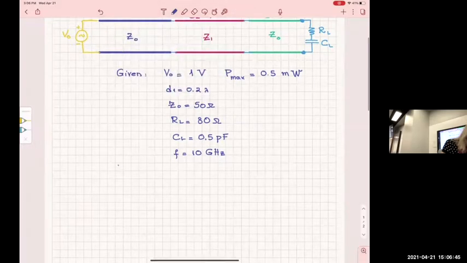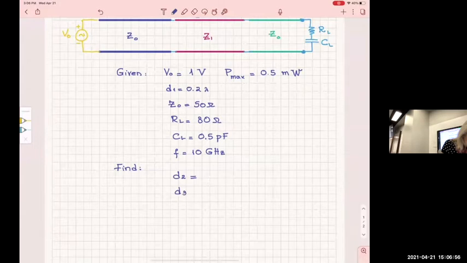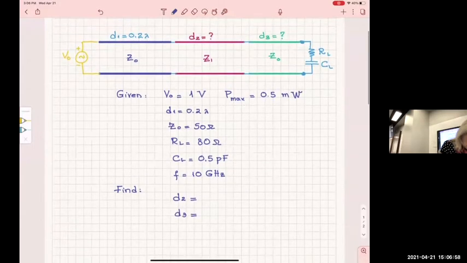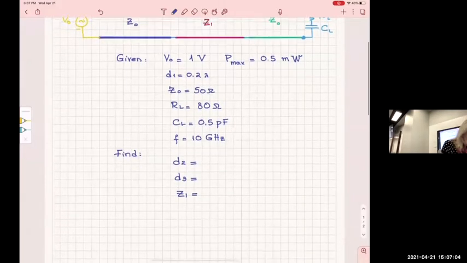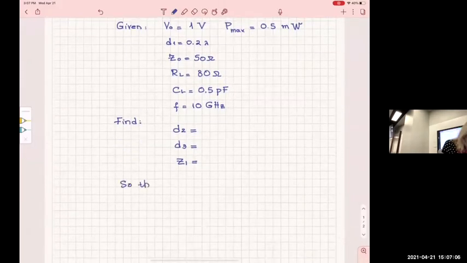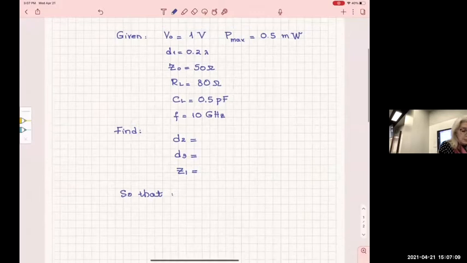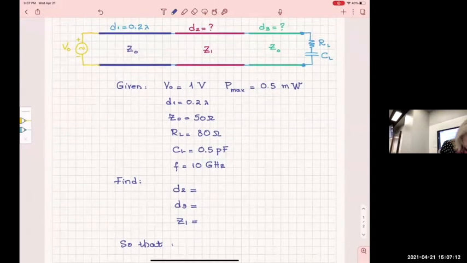So we need to find the following: find D2, find D3, and find Z1, so that RL dissipates all of the 0.5 milliwatts.